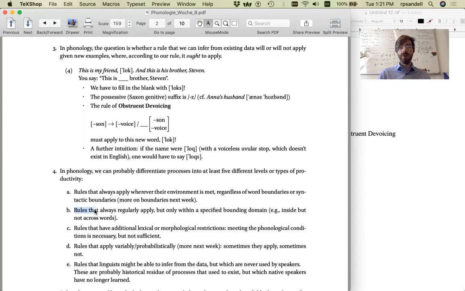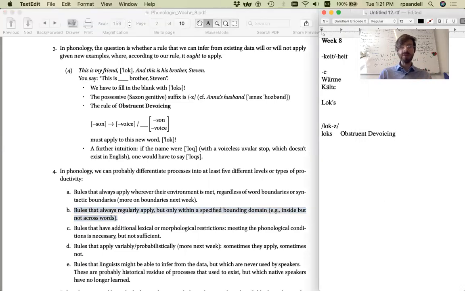Then there are rules that always regularly apply, but only within a specified domain. So there are rules that may apply within a word, but not beyond a word. Let me invent an example here. Let's say we have a rule that changes s to a glottal fricative between 2 vowels. Let's say that a language has this rule.